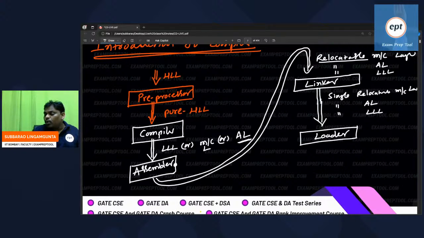There may be some problems. Assembler will make the program in such a way that it can go from one memory to another without losing anything. Your program can move from one place to another because of assembler. Assembler will do the necessary changes in the program.